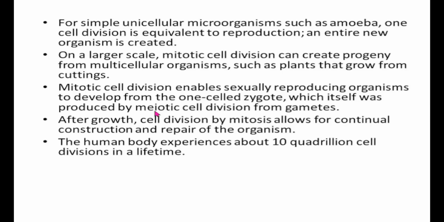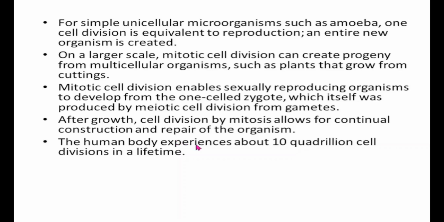Then zygote formation, then in the zygote there will be mitotic cell division, and it will become multicellular from one cell by mitosis. After growth, cell division by mitosis allows for continual construction and repair of the organism. The zygote will finally be an individual or an organism.